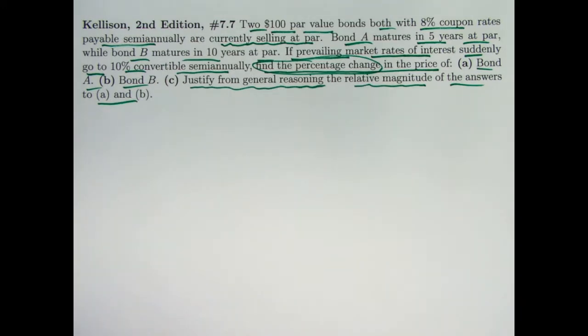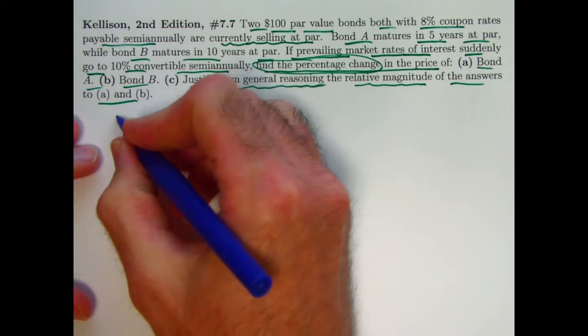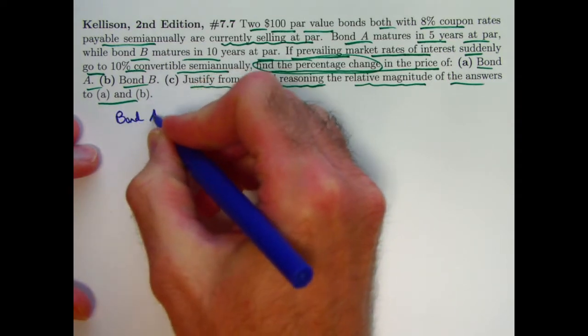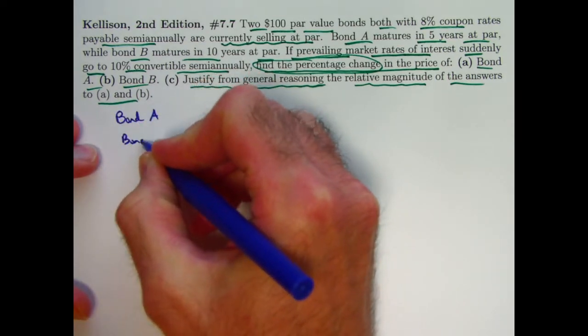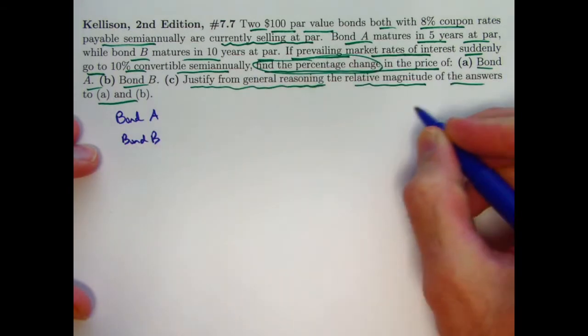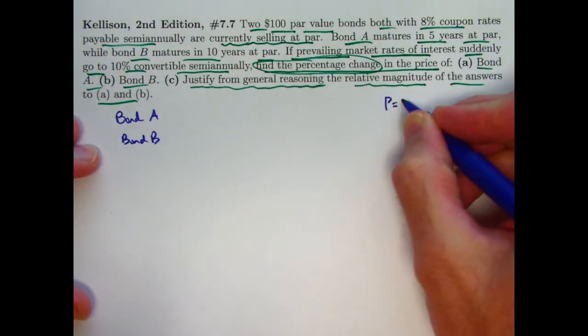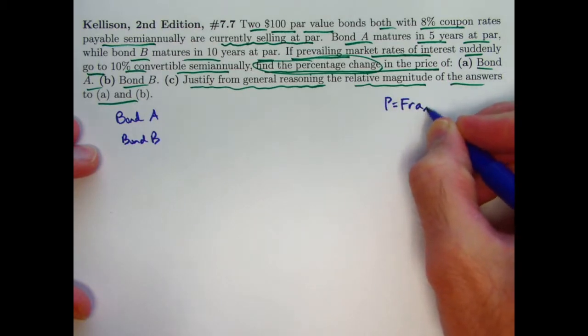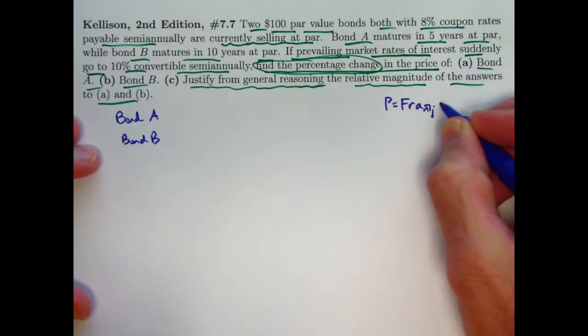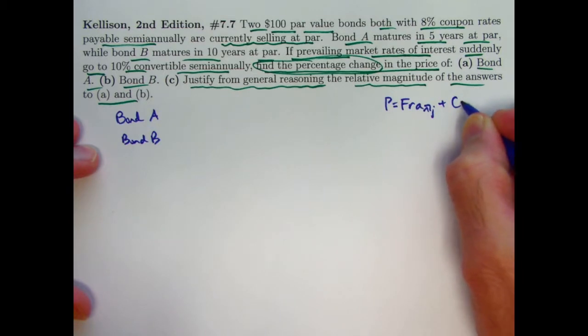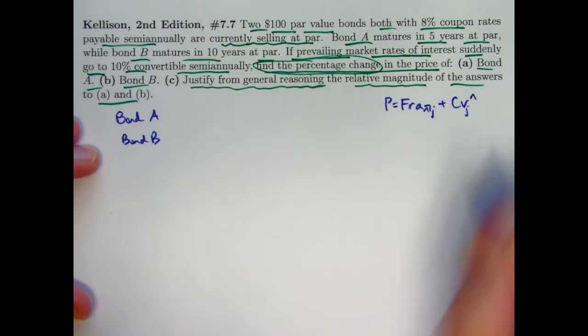Let's go ahead and write down the basic equations of value for Bond A and Bond B. The basic pricing formula is P equals F r a_angle n at j plus C v_j to the n power.